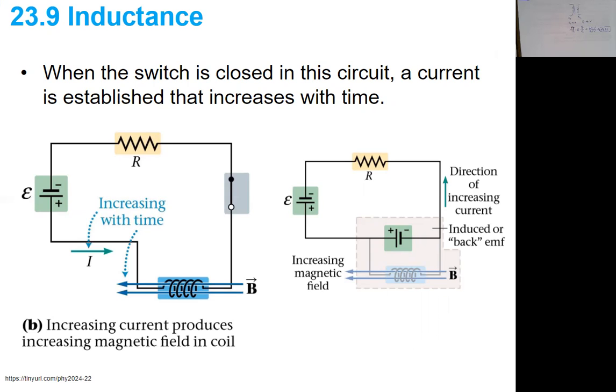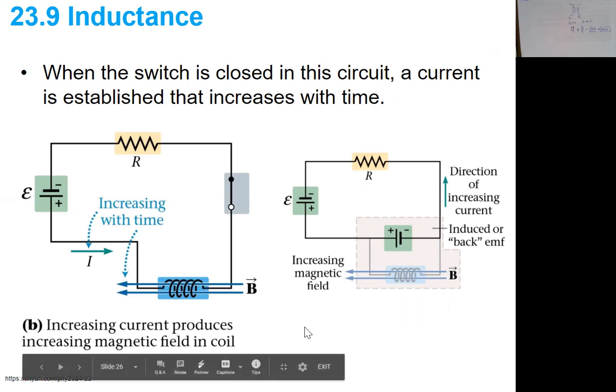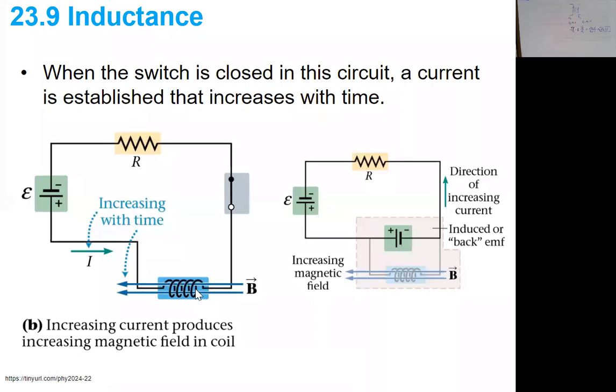Inductance. If we have a circuit like this, with a coil here of several turns of wire, we call an element like this an inductor, because the moment you turn on the switch, there will be electric current going through here, and a magnetic field is generated. Then you have flux changing.